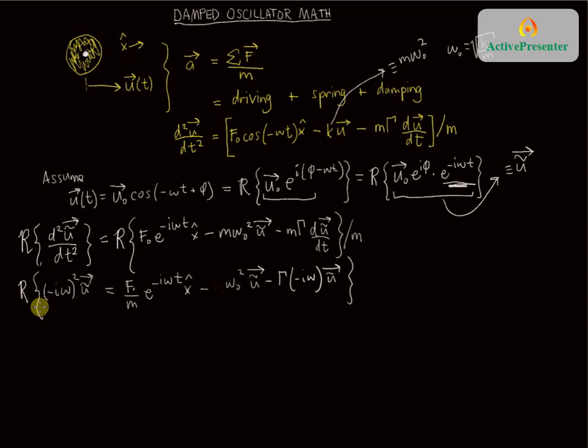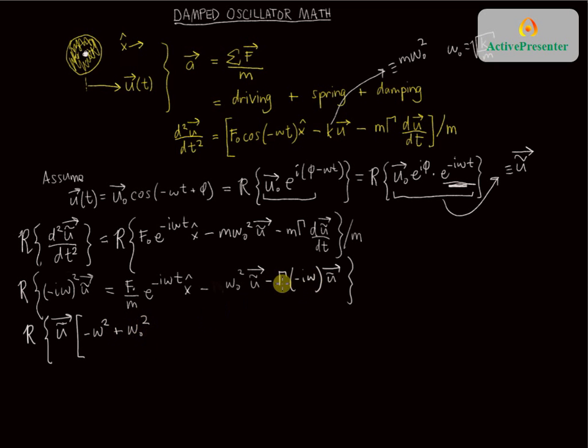I'm actually almost done. I just group all of the u tilde terms together and look what I've got. I've got the real of u tilde, and what are my three terms? I've got the one right here, which is minus i omega quantity squared. That's minus omega squared. I've got a minus omega naught squared on this side of the equation, so I'll bring it over here and make it positive omega naught squared.